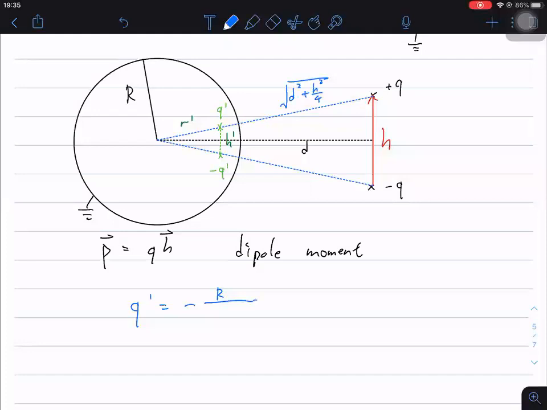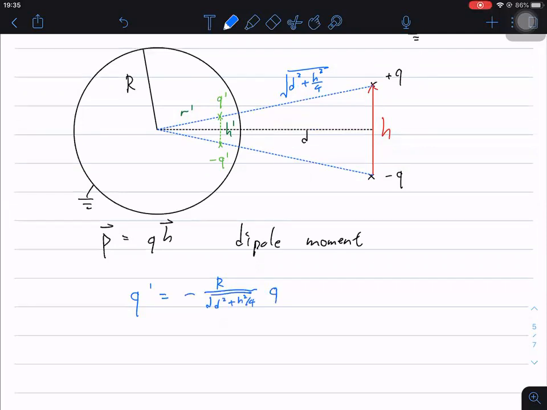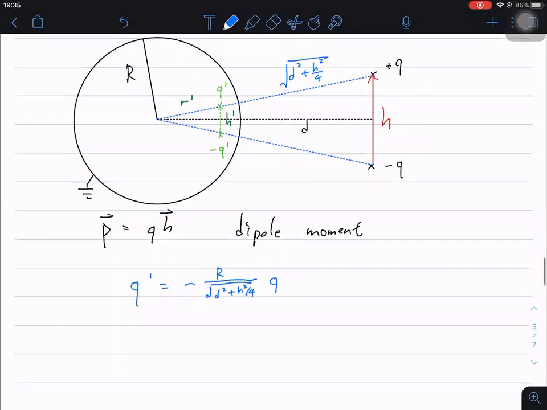Multiplied by Q, this is the value of the image charge. Similarly, for minus Q prime, we just invert the sign and obtain a similar result.